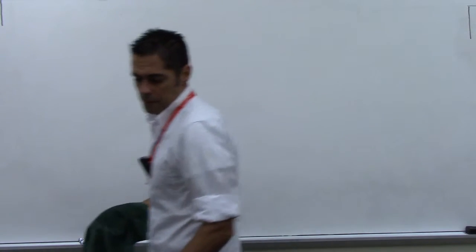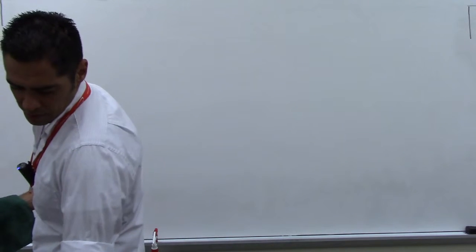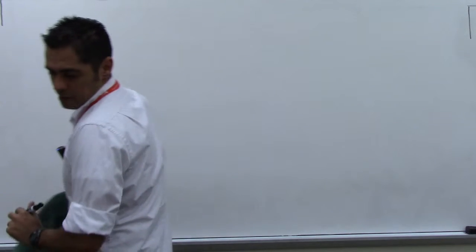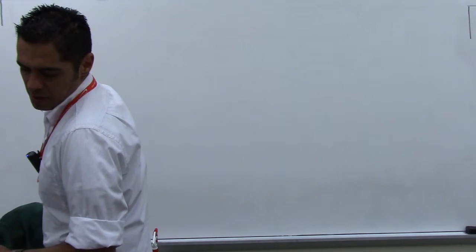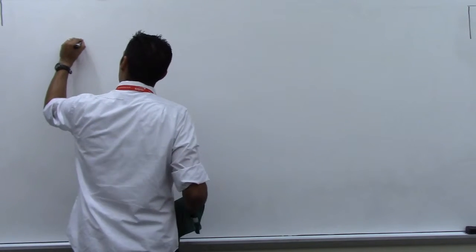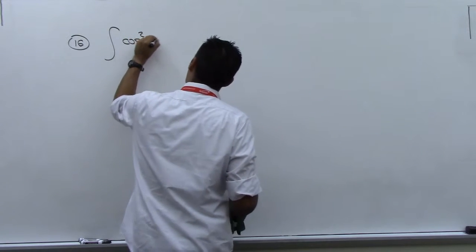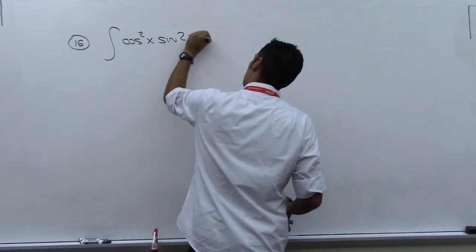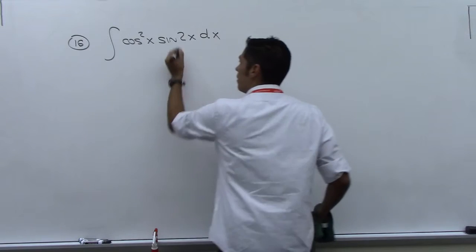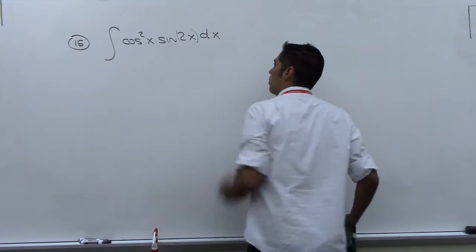So if we get them where they're just by themselves, we're happy campers. All right, cosine squared x, sine 2x. Remember this is sine 2x, like in parentheses.